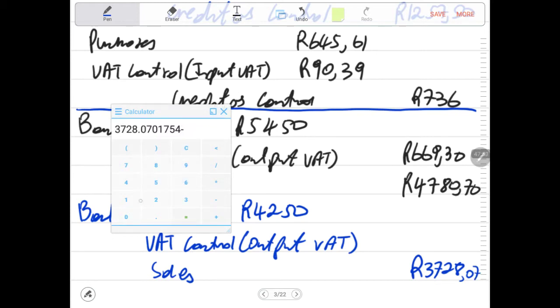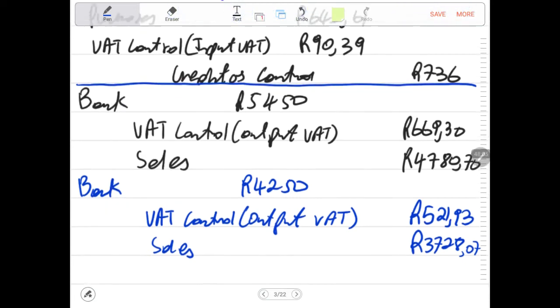Minus 4,250, we get the amount of the output VAT as 521.93. So now this will be our transaction in the general journal.